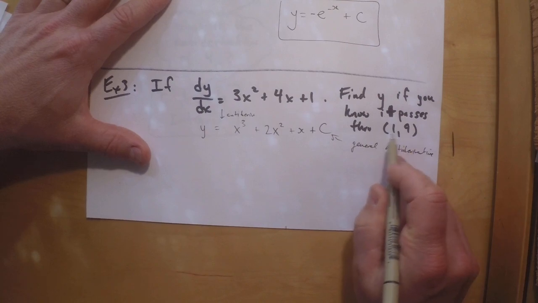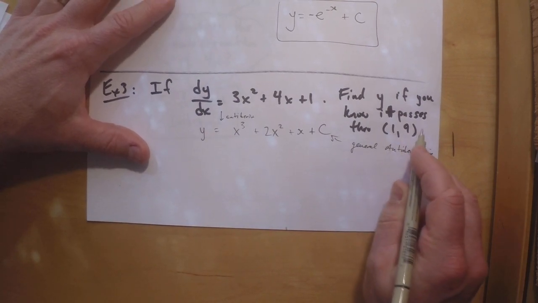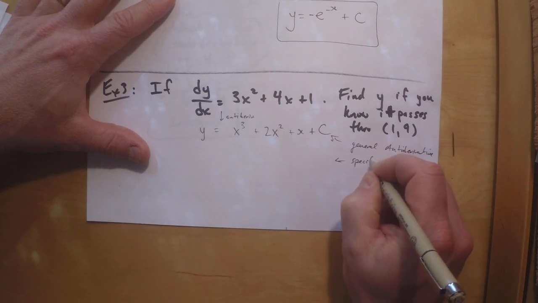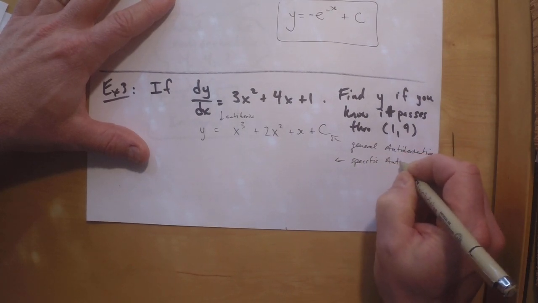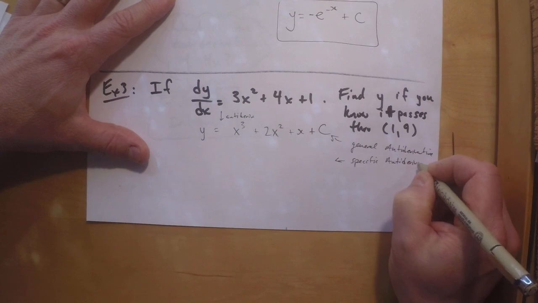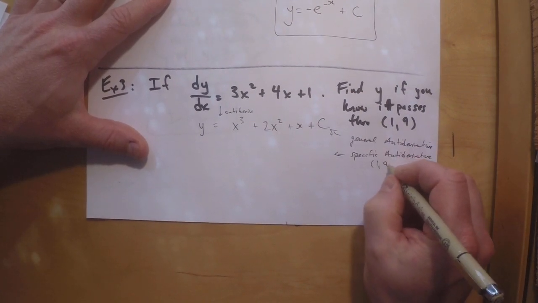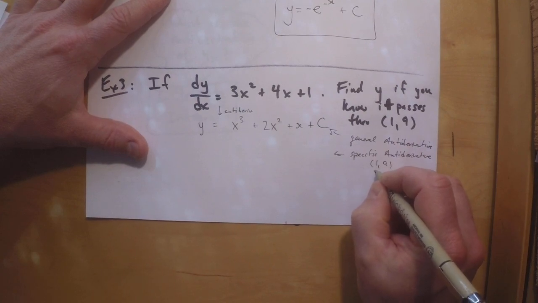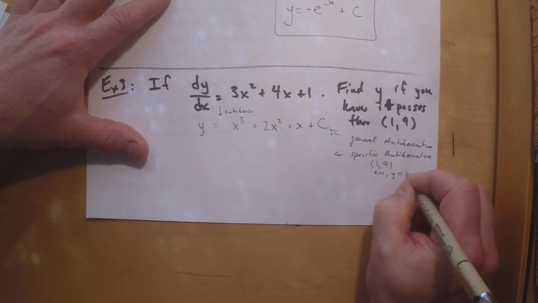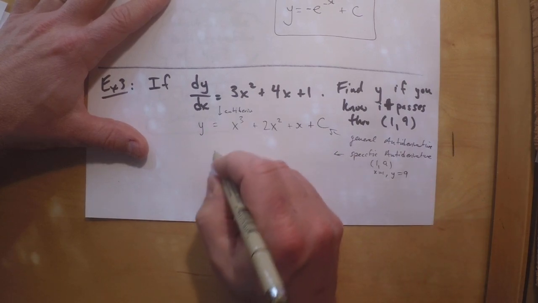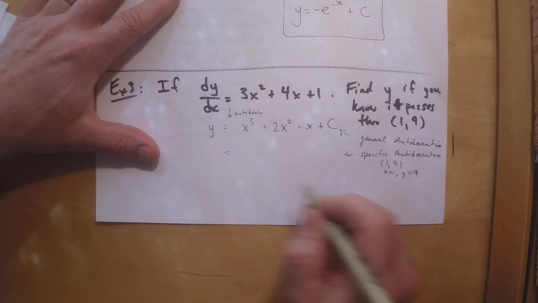Now, this is called your general antiderivative. But now, because they're wanting us to find it at a specific point, you're now going to find the specific antiderivative. So we know if it passes through the point (1, 9), when x is 1, y cranks out 9. So then I can go and find c. So watch this. I'll make the y 9.